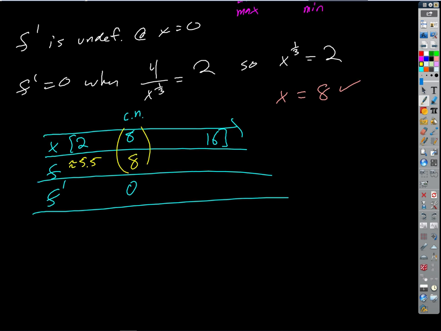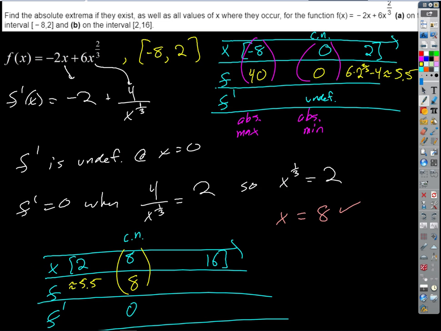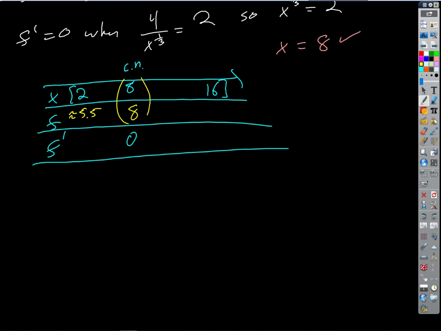And then what about at 16? What's this going to give me? Oh, yikes, what's that going to be? Cube root is 16. Well, I'm just going to plug in 16. What do you get? What is it roughly? About 34.1. We're not going to get an exact answer.